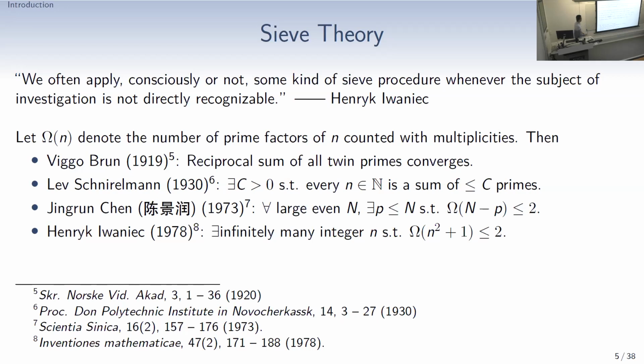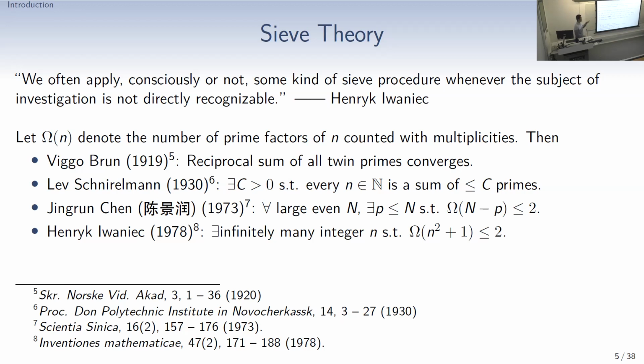And so using this notation, we can conveniently summarize the results that are obtained using Sieve theory. In 1919, Viggo Brun was basically the first person to study sieves analytically. And using this method, he proved that the reciprocal sum of all twin primes actually converges. If you do the sum over the reciprocals of all natural numbers, it diverges.